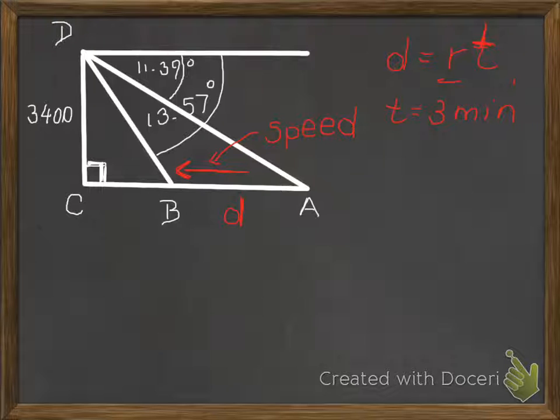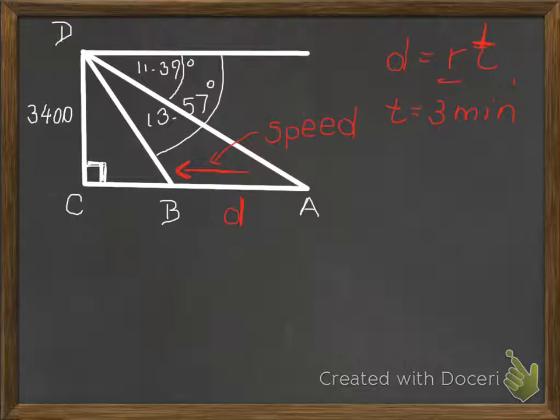Now, in order to find the distance AB, we're going to find the distance AC and the distance BC, and we're going to subtract the distance BC from the distance AC to get the distance AB. So one step at a time, let's start by finding length AC.